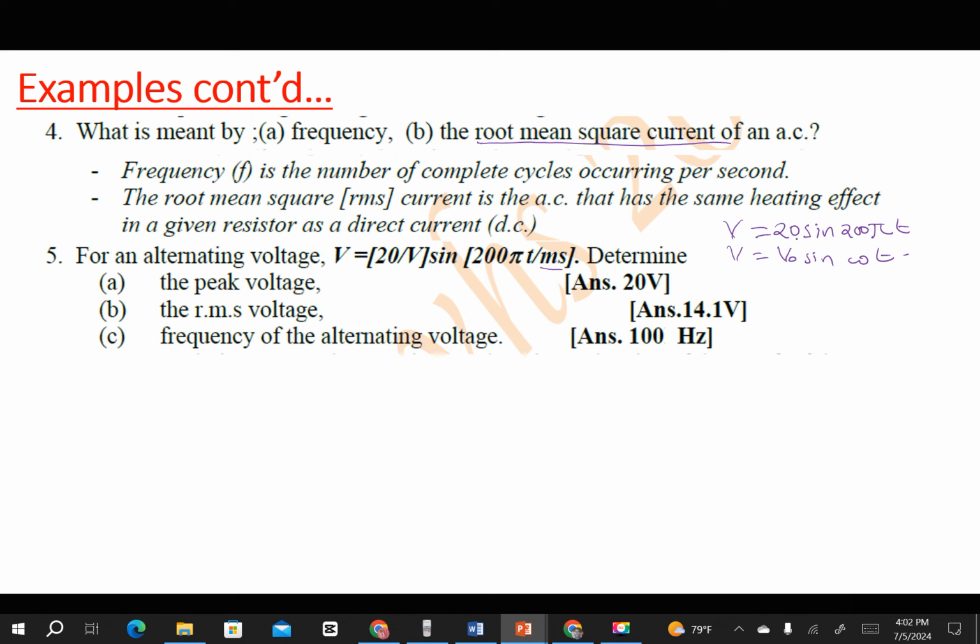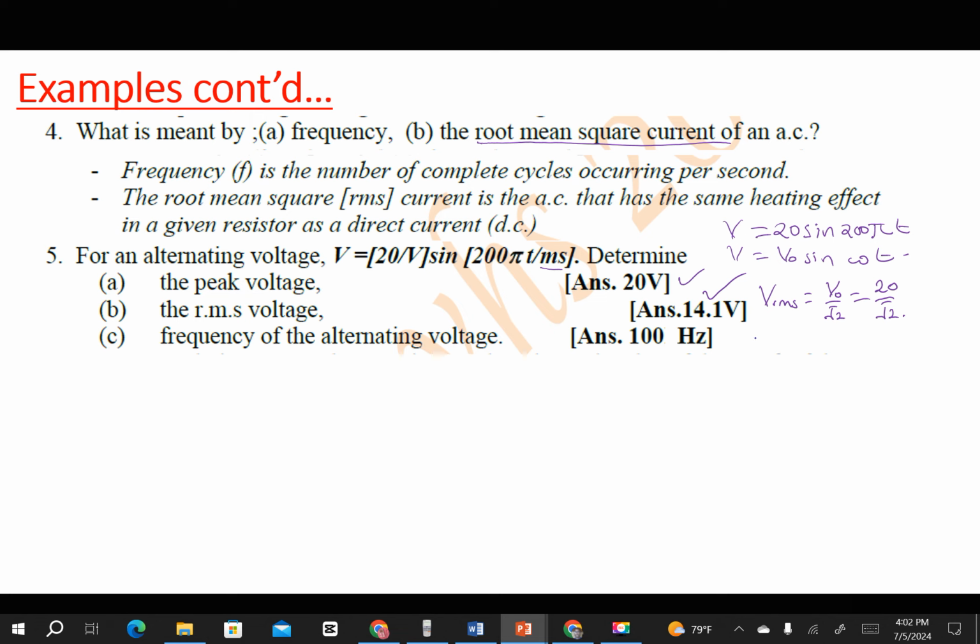So when you compare, you notice that V0, which is the peak, is 20. Then the root mean square value. For the root mean square value, V root mean square is equal to V0 divided by root 2, which is going to be 20 divided by root 2, which I think is correct.